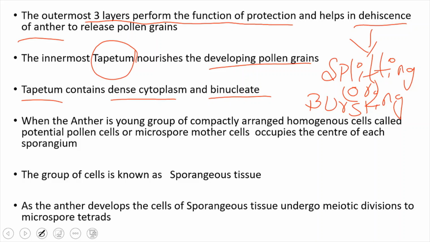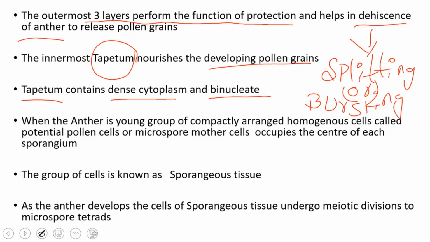Dehiscence means splitting or bursting, in order to release the pollen grains. The innermost layer is known as tapetum, which nourishes the growing pollen grains, right? And it's binucleate.